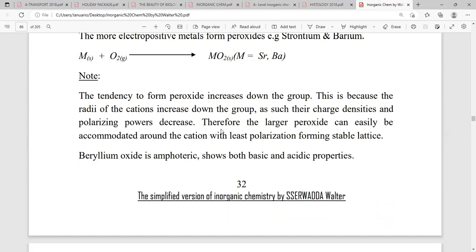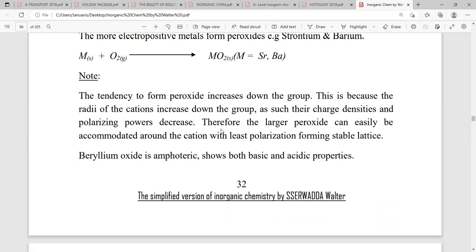So if the charge density was high and there was high polarizing power, then the peroxide that is formed, because it is larger than a normal oxide, wouldn't be easily accommodated around the cation, hence it would form an unstable lattice.